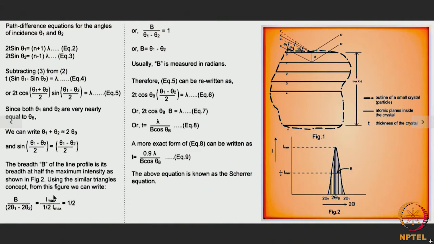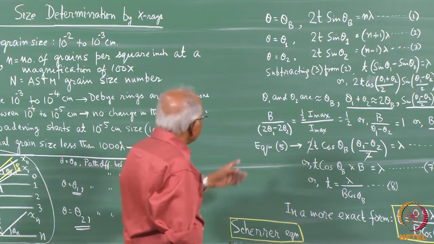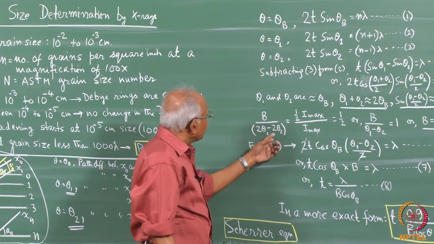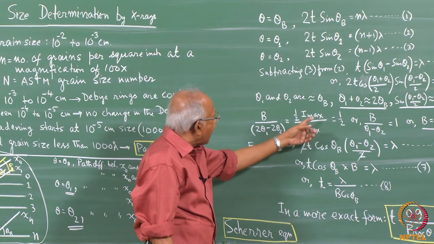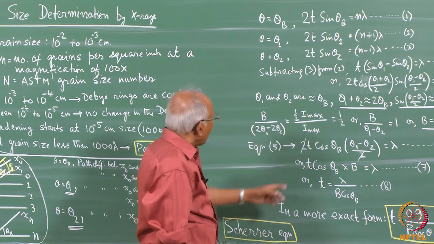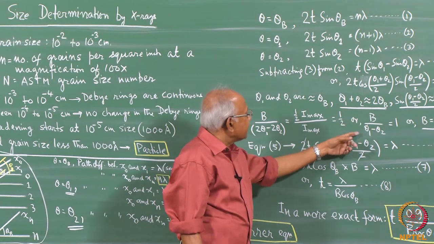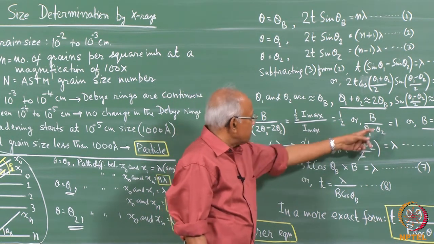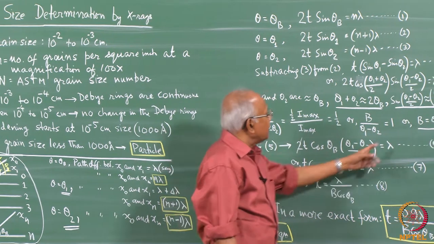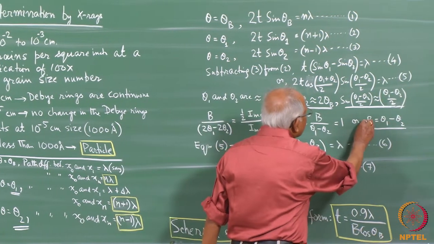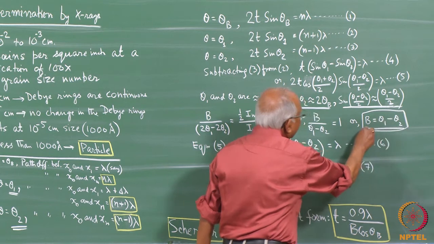So, b by 2 theta 1 minus 2 theta 2 will be half I max divided by I max, that means it is equal to half. Or we can write b by theta 1 minus theta 2 will be equal to 1, or b is equal to theta 1 minus theta 2, a very important relationship.